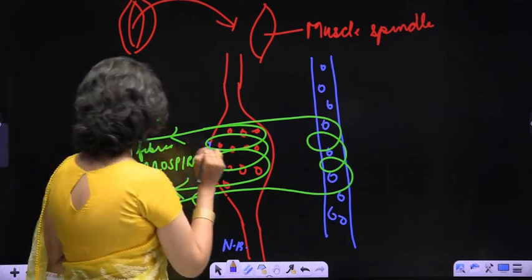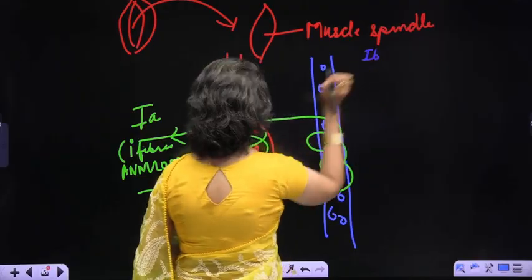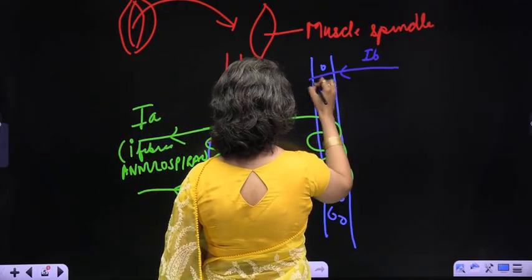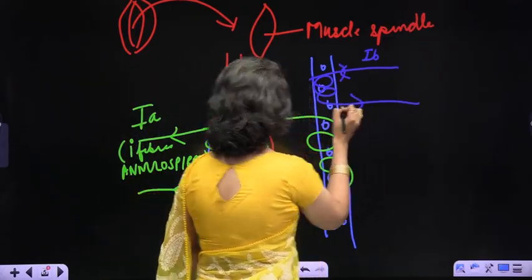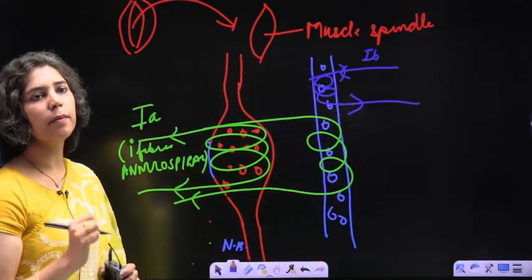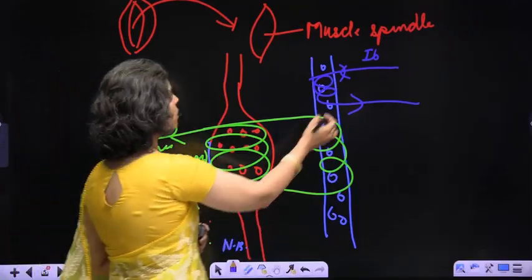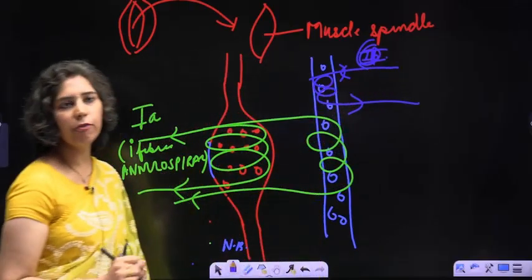Second is about type 1B fibers. They take afferent input from the nuclear chain fibers and the static nuclear bag fibers. That was about the afferent 1B. Here are the type 2 fibers. That is about the afferent nerve supply.